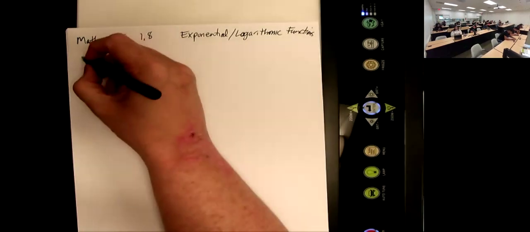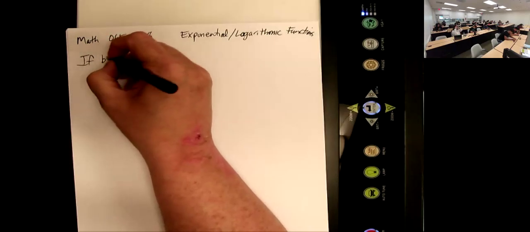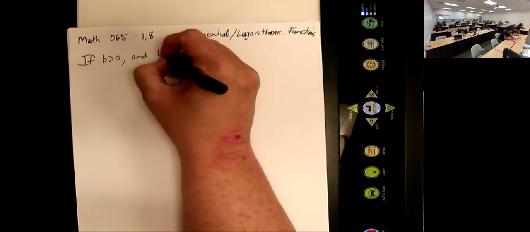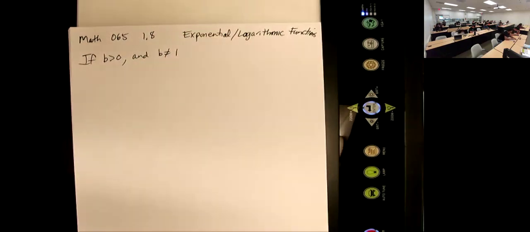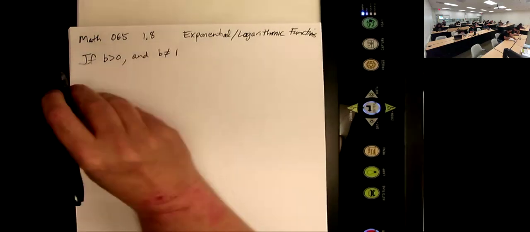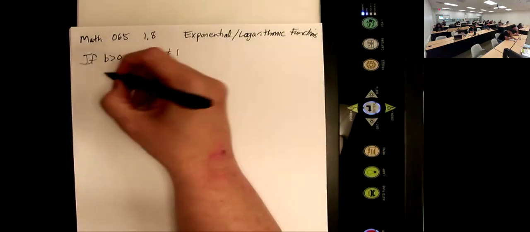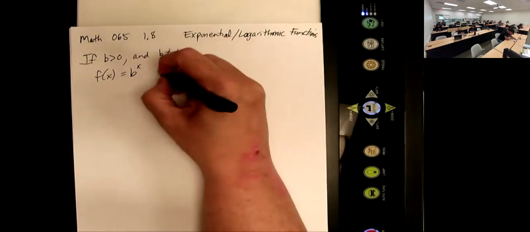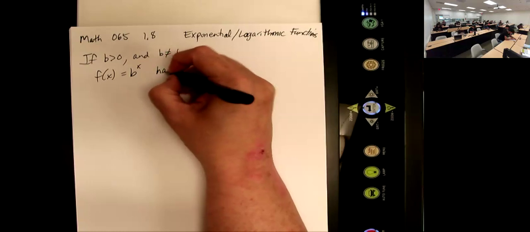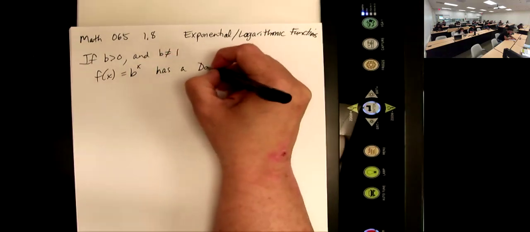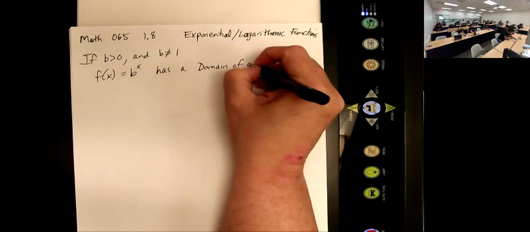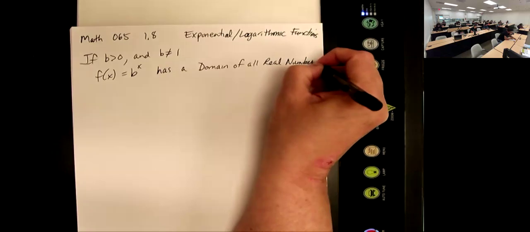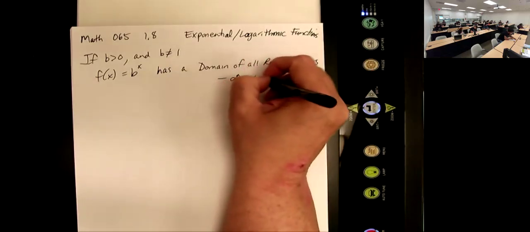So we're going to say if b is greater than 0 and b does not equal 1, the function f of x equals b to the x has a domain of all real numbers, negative infinity to infinity.